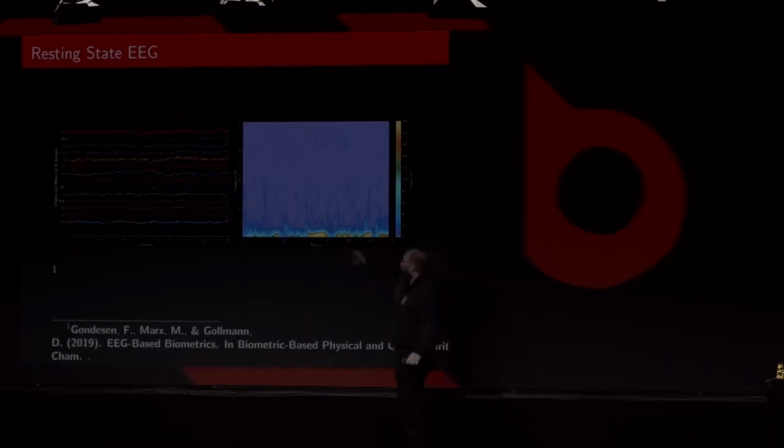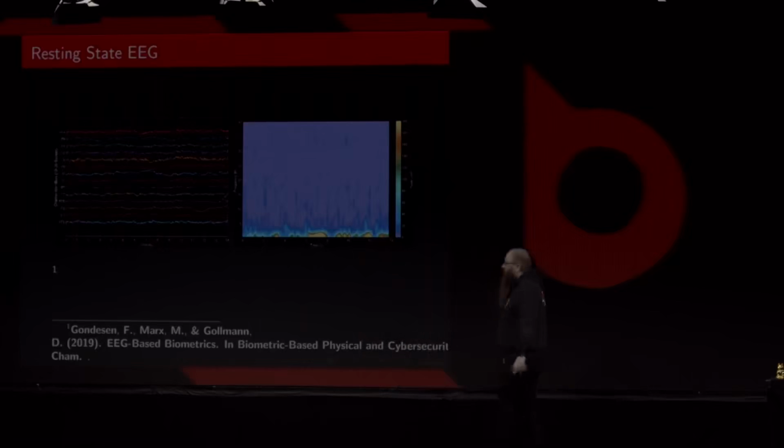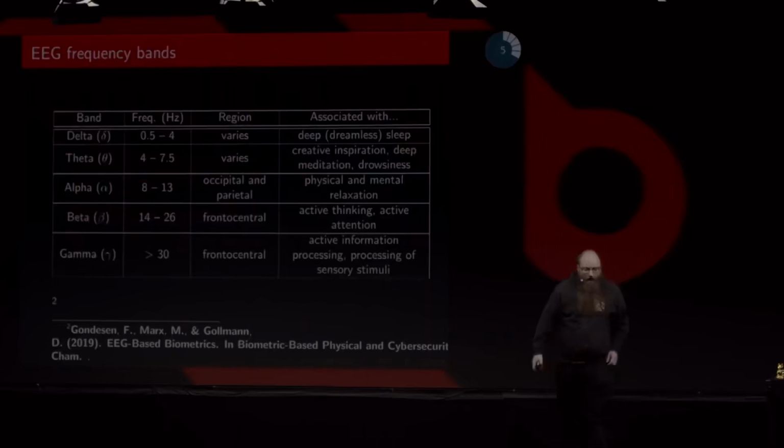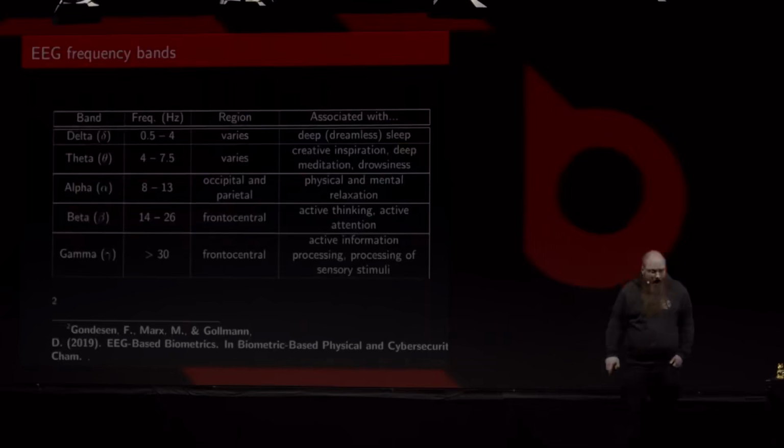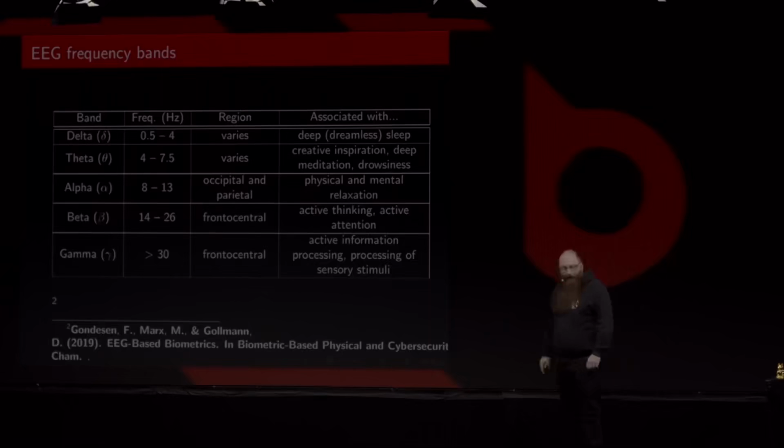Most of the signal power is in the range below 5 hertz. The different frequency ranges are typically associated with, for example, some states of mind, like sleep states. Actually, it's quite easy, even with the timeline, to see in which sleep state someone is.